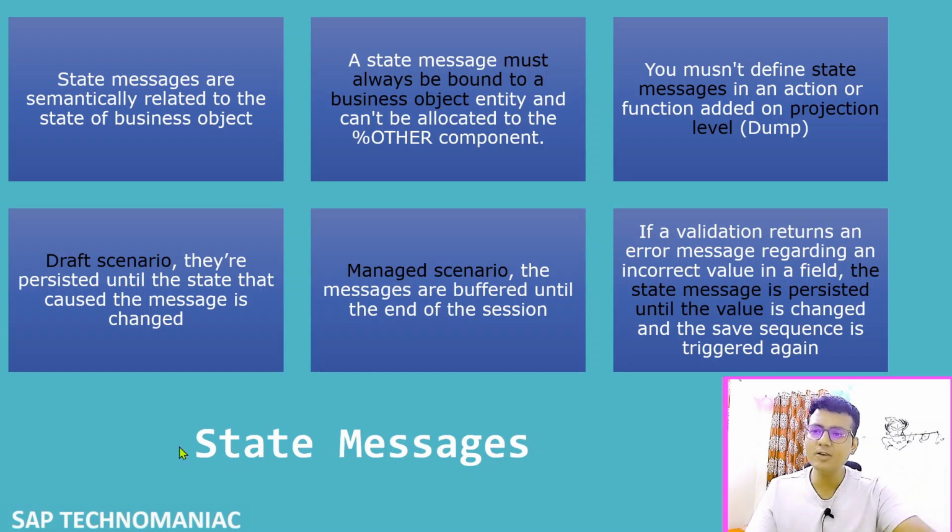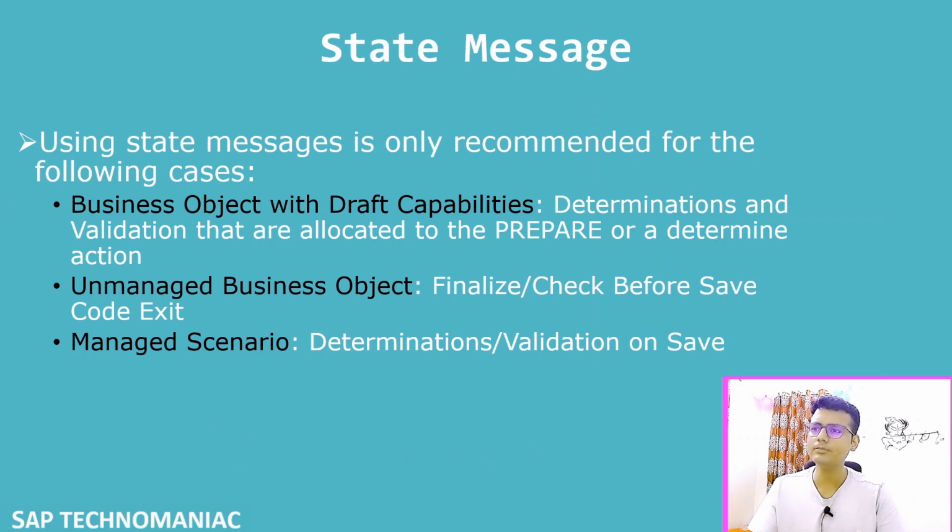In the managed scenario, those messages will be in the buffer, and as soon as the session ends, they will be cleared. And during validation, if you got some error, as soon as you remove that error, those messages will go. So these are all the things when we are working with the state messages. That also we'll see when we do the validation in the system.